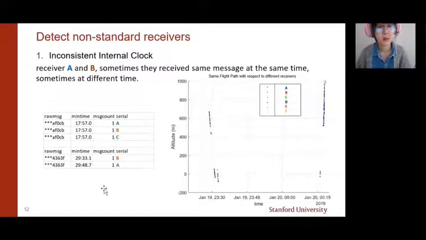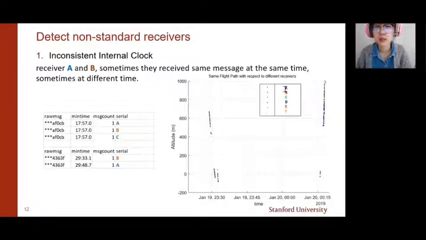And what kind of problem could that cause? On the right-hand side, I'm plotting the flight path of the same aircraft with respect to different ADS-B ground receivers, time versus altitude. For ground receivers B to F, they are following the same path, very close to each other.